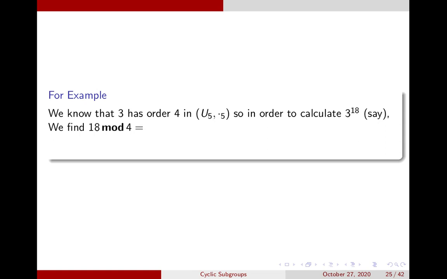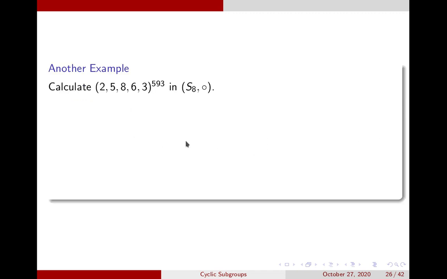We simply find 18 mod 4, which is 2. So, according to the lemma, 3 to the 18th is the same as 3 squared, working in U sub 5. And 3 squared in U sub 5 is 9 mod 5, which is 4.